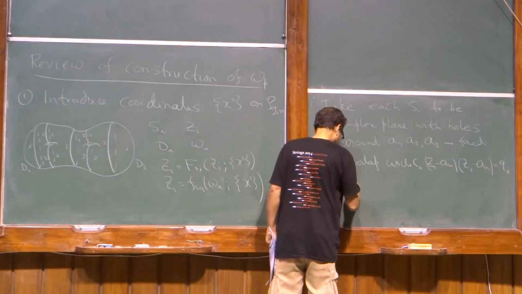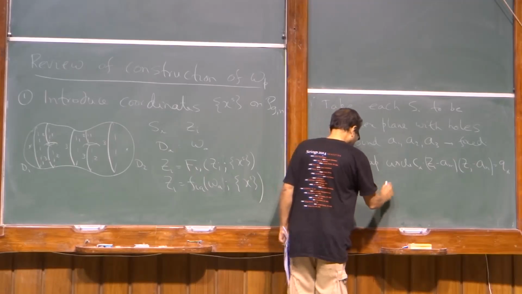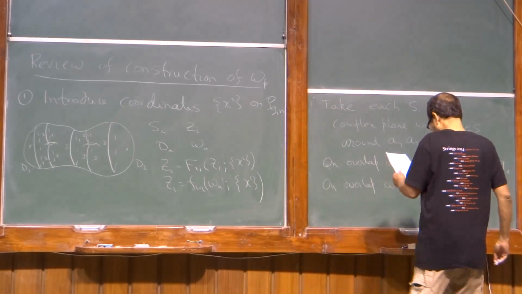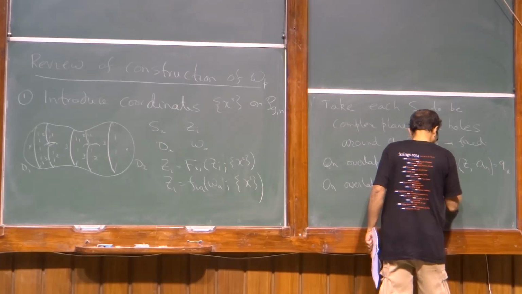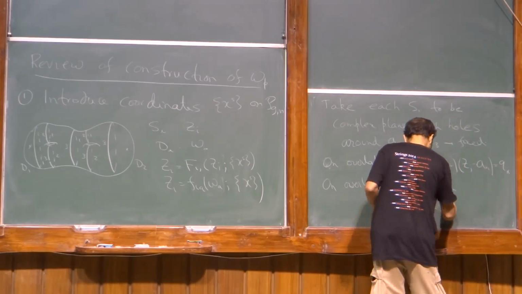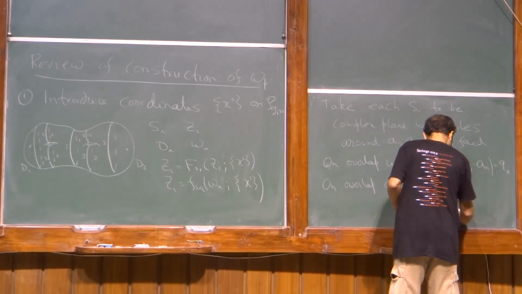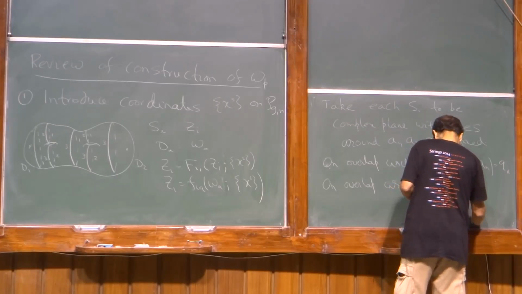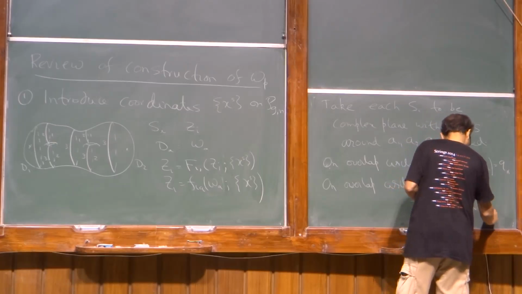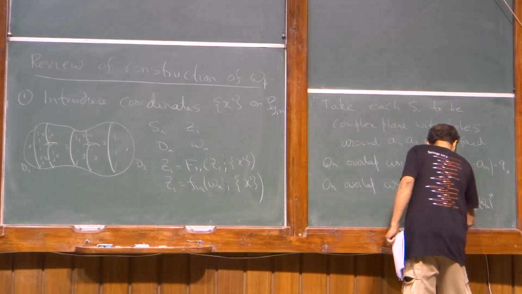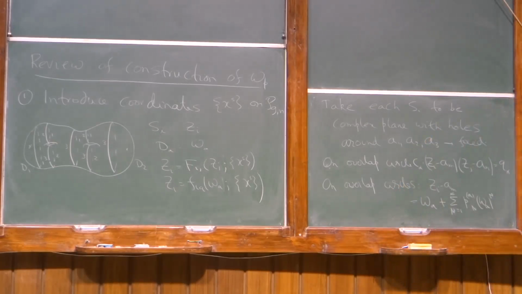On overlap circles, these are parameters.